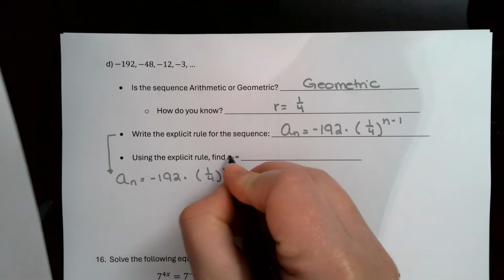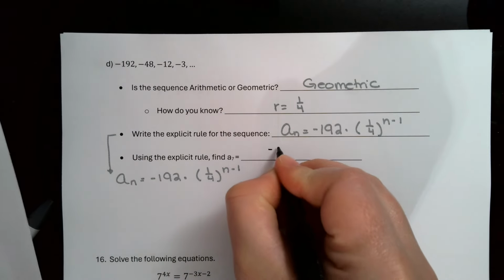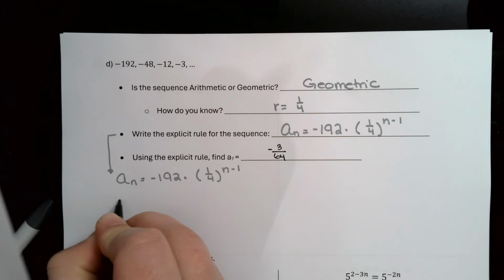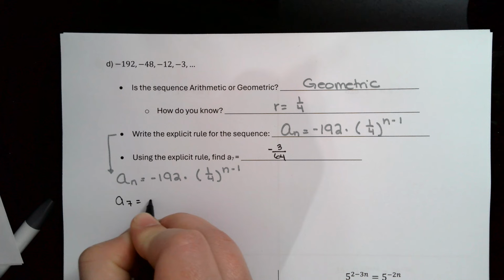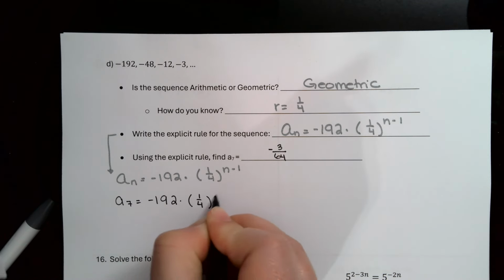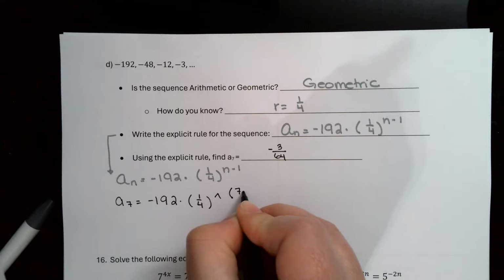All right, let's go ahead and rewrite that here. The term in the 7th position is negative 3/64. How did we do that? We input 7 for n and then proceeded to type this into the calculator, making sure to have parentheses around our exponent.